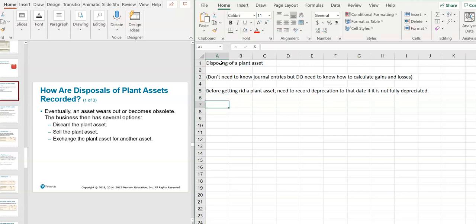All right, then what has to happen is when you get rid of it, you have to take the accumulated, well, let's assume we're selling it.